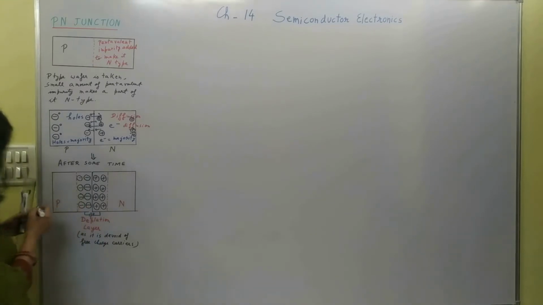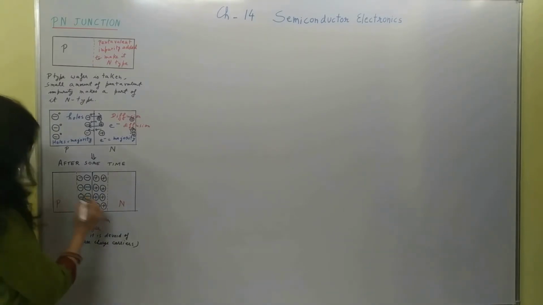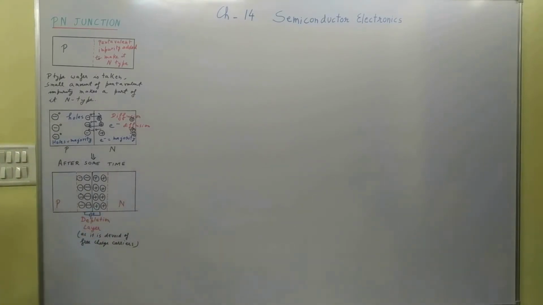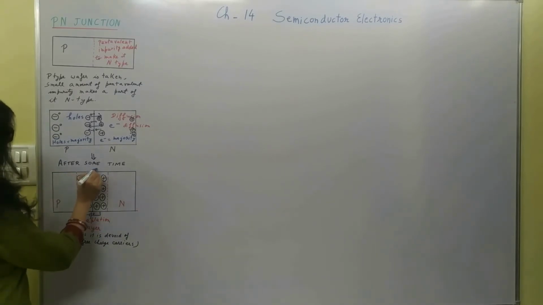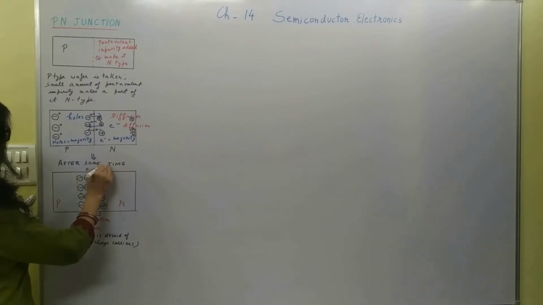So what is the direction of the electric field here? From positive to negative. So the direction of the electric field here is this way. There is no place over here, that's why I am marking it here.